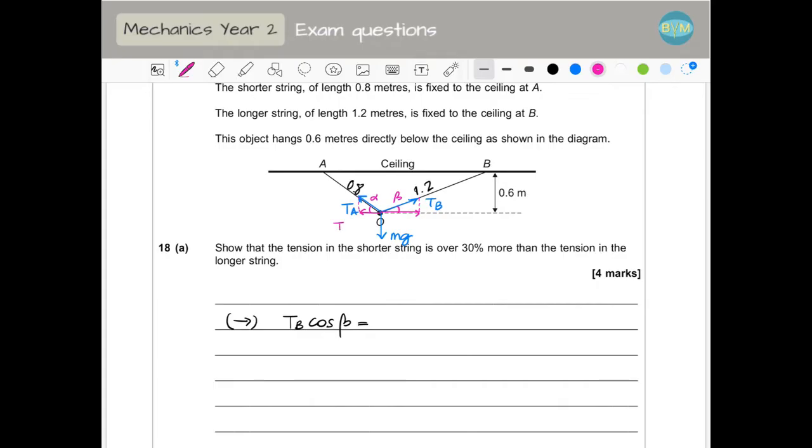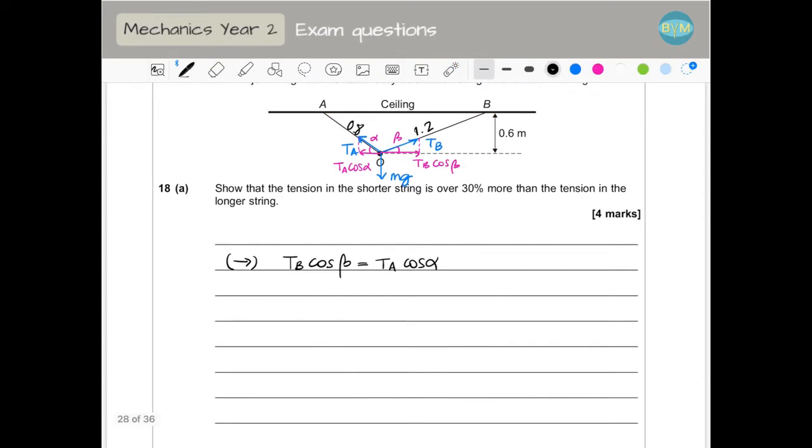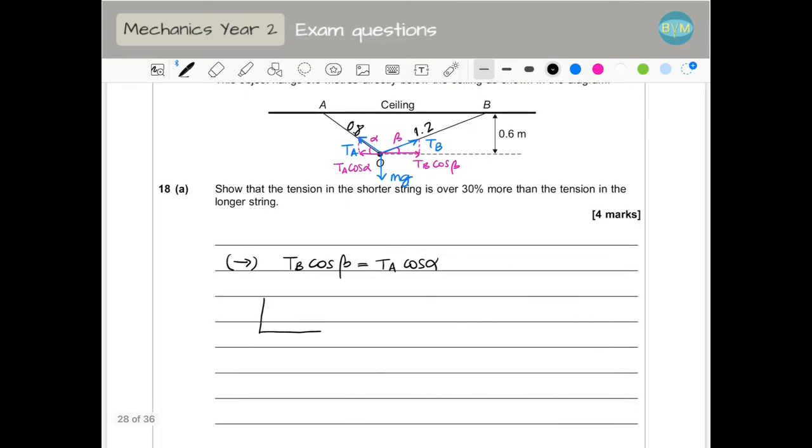This is TA cos alpha, and this was TB cos beta. So TB cos beta is going to be equal to TA cos alpha, and I have enough information to find alpha and beta. So if you look at this triangle, I'm going to find the angle.